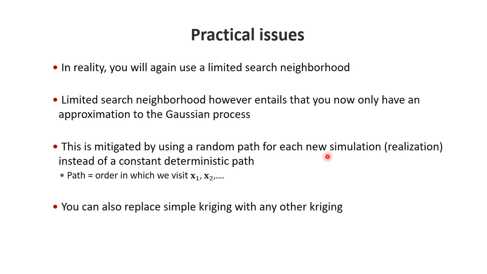In other words, we choose a different place to start, what's the next one, and so on. So that is a random path that changes for each new simulation. And so now we can also start replacing simple kriging by any other form of kriging, such as universal kriging, ordinary kriging, etc.